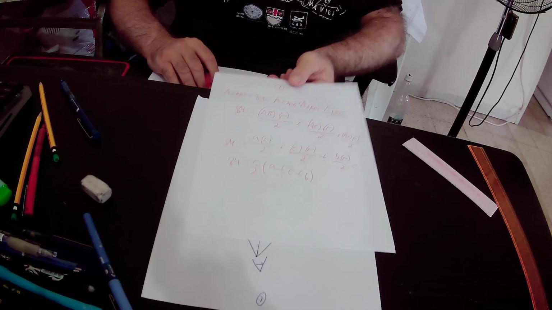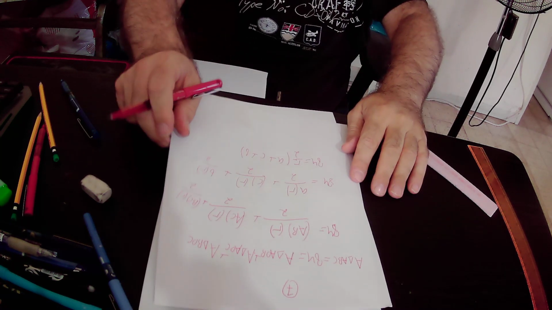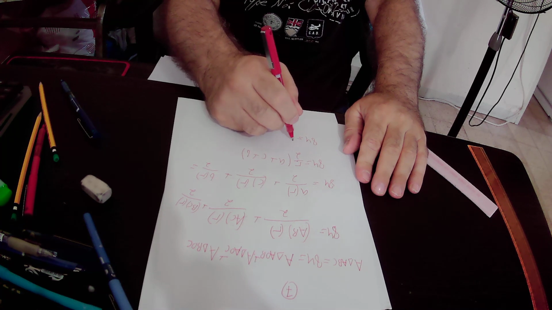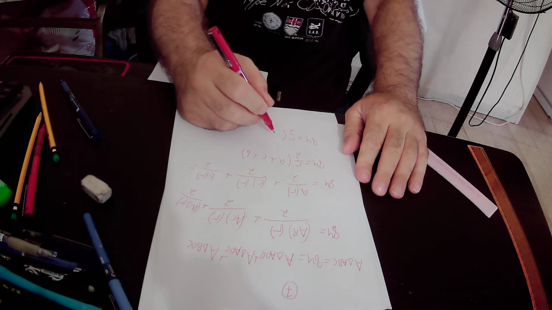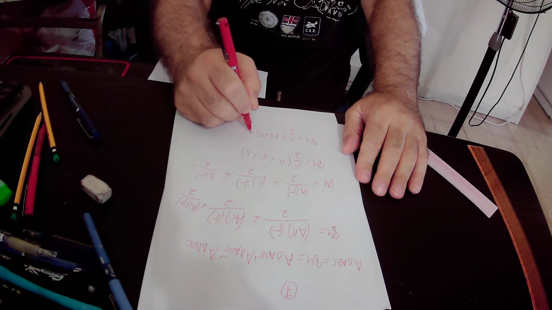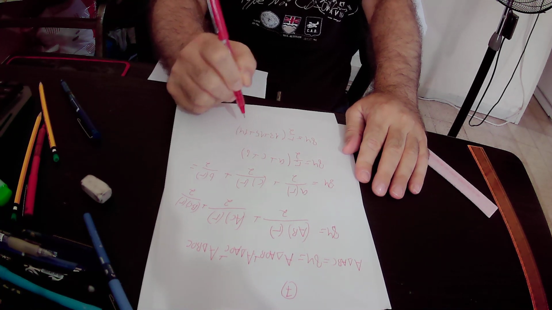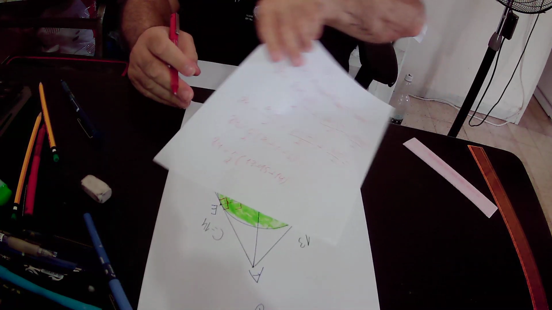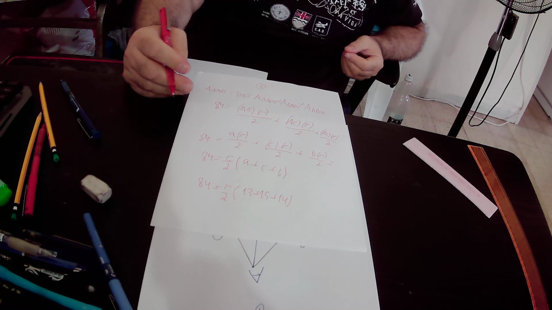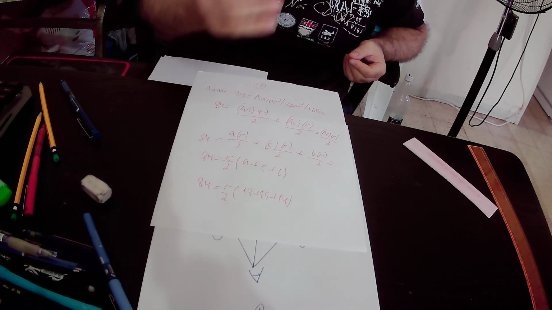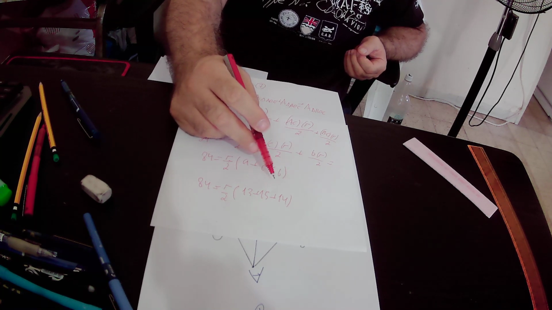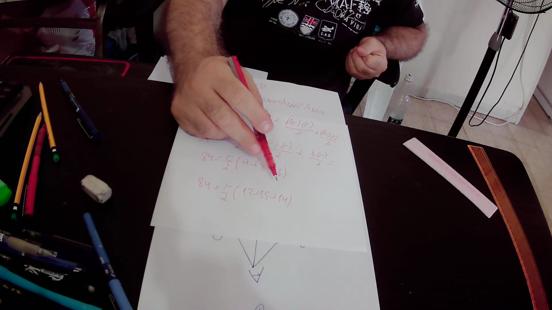So I will write it down, that 84 equals R over 2 times 13 plus 15 plus 14. 13 plus 15 is 28, and 28 plus 14 is 42.